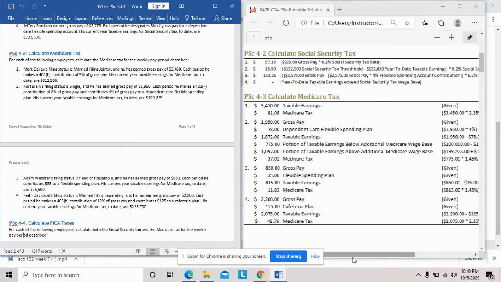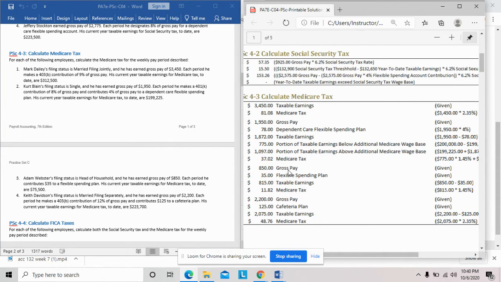If you go here, the gross pay is given, right? $850 right here. The flexible spending plan is also given at $35. To find the taxable earnings, we subtract that. 850 minus 35 to get 815. And then we take the 815 multiplied by the Medicare tax of 1.45% to get a Medicare tax of 1182.